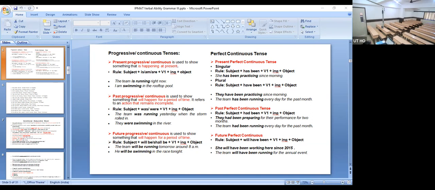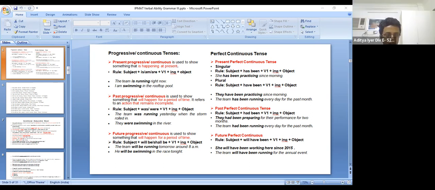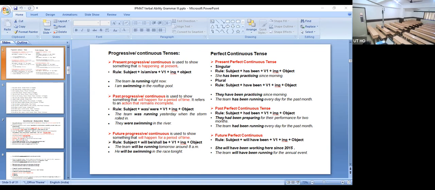Can you see the screen now? Is it shared? I think I have built in slideshow mode. The screen is visible, but I think if you shift, it won't be. I can't hear you. Just a moment.